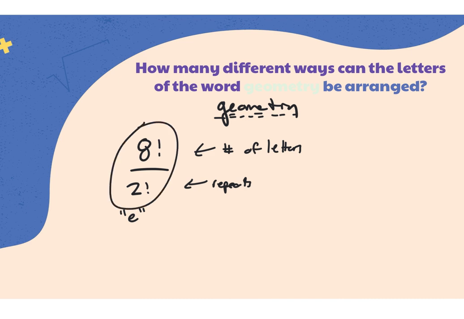So that becomes my problem. It's just going to be 8 factorial divided by 2 factorial, or just 2. So there's 20,160 ways you can rearrange the letters of geometry.